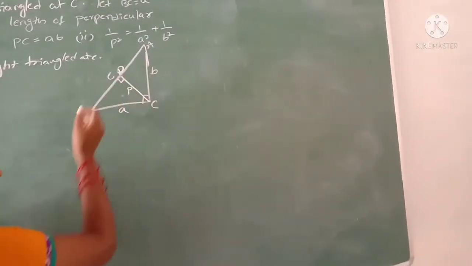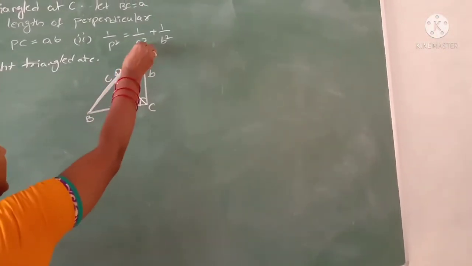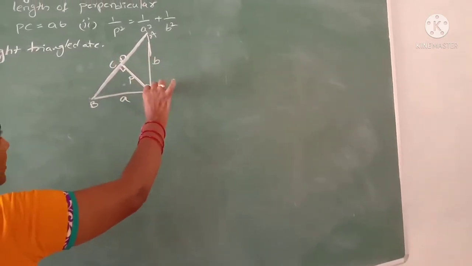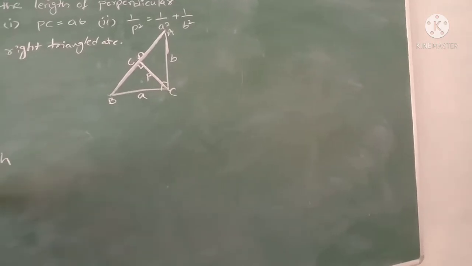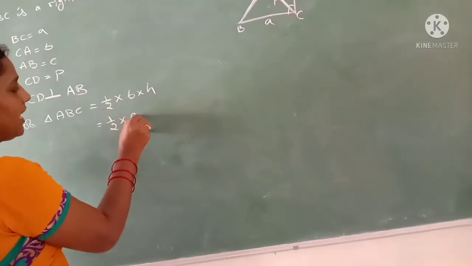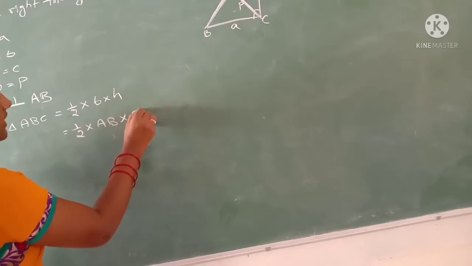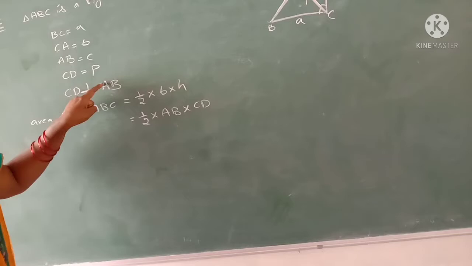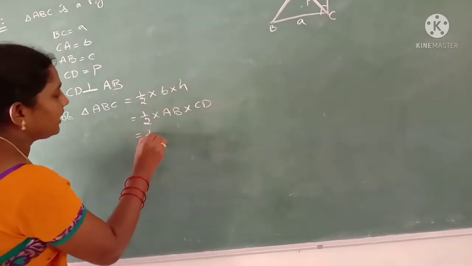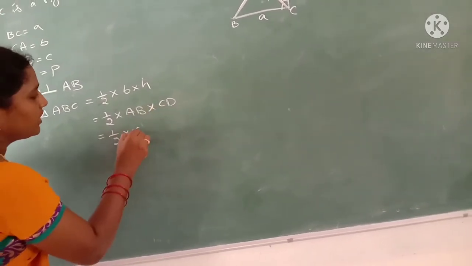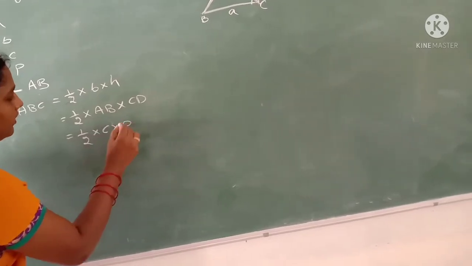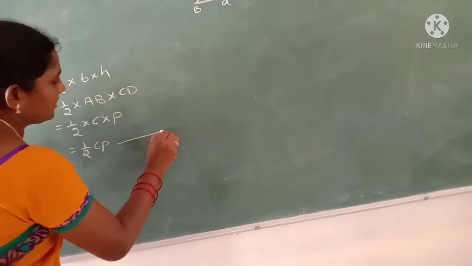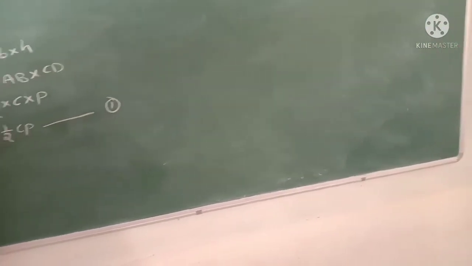In triangle ABC, we take the base AB and height CD. So write half base AB into height CD. AB value c and CD value p. So we substitute, that equals half cp. This is equation 1.